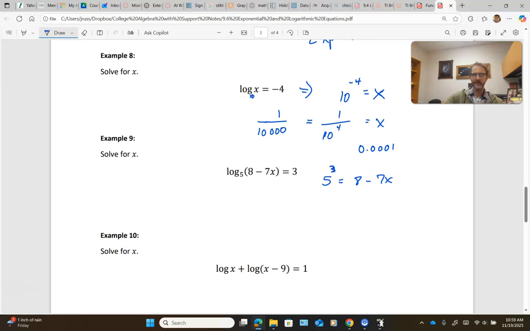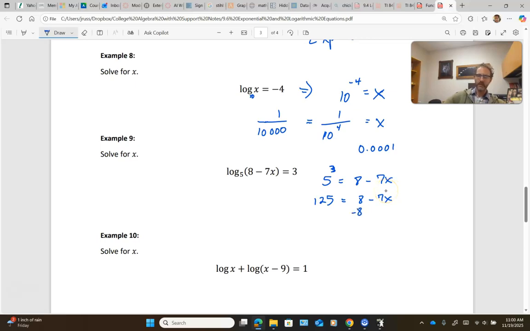Alright, well, what is 5 to the third power? Well, that's 5 times 5 times 5, which is 125. Let's recopy everything else. And now, guys, when we exponentiate it, we end up with just a linear equation here.